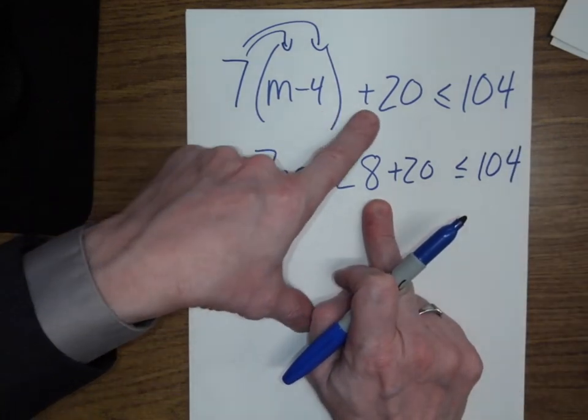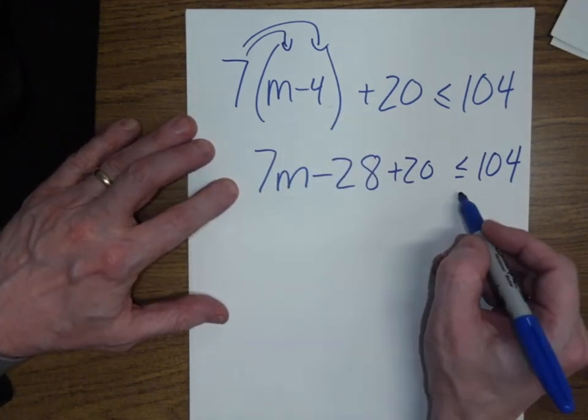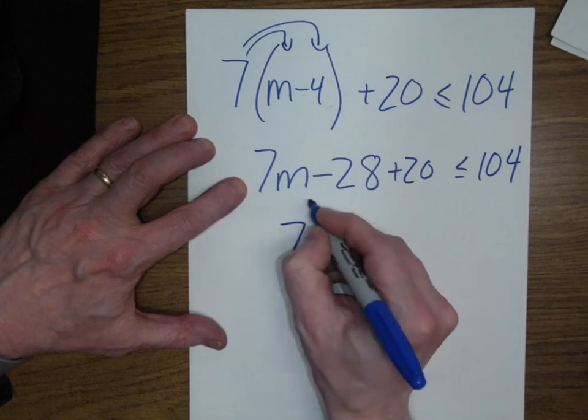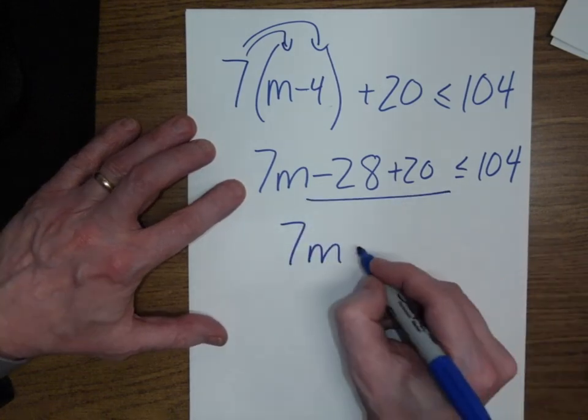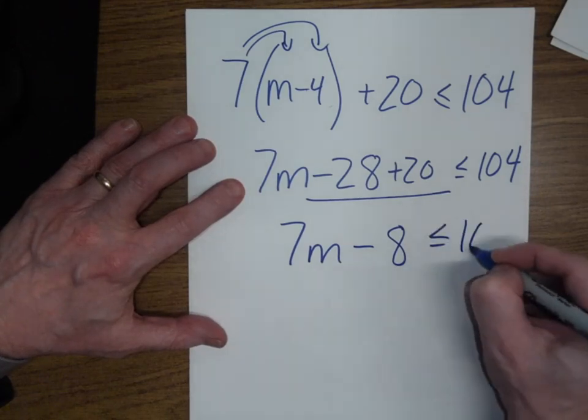We couldn't combine the 4 and the 20 because it was in the parentheses. But now that they're combined there, we have 7m. When I combine those like terms, I'm left with minus 8 is less than or equal to 104.